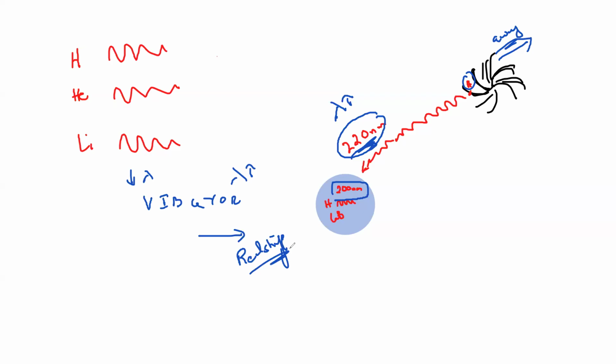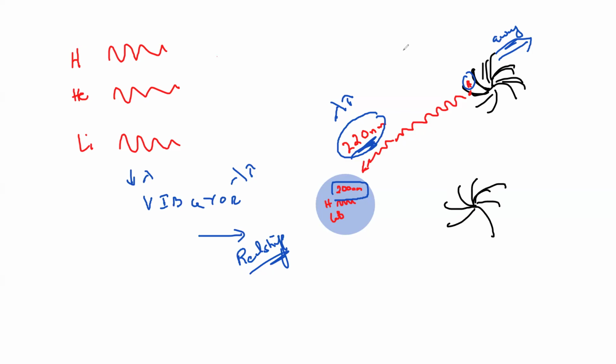Most of the galaxies around us are giving us a redshift. That's why we conclude that the universe is expanding, because most of the things around us are giving us redshift. But it's not like all of them are giving redshift. There are galaxies which are giving us another shift, which we call a blue shift.